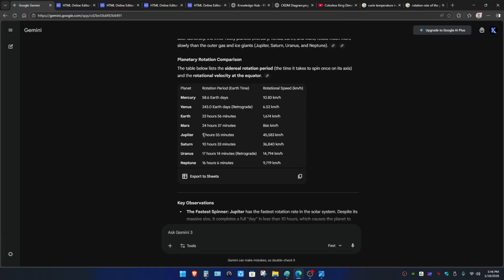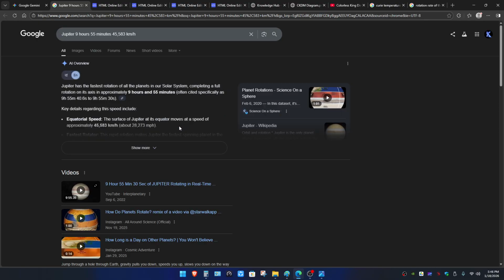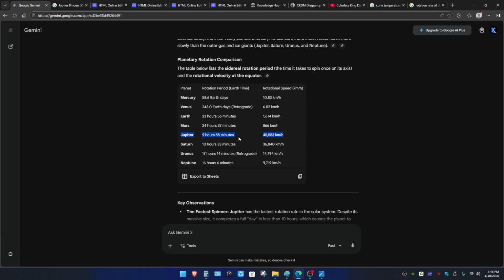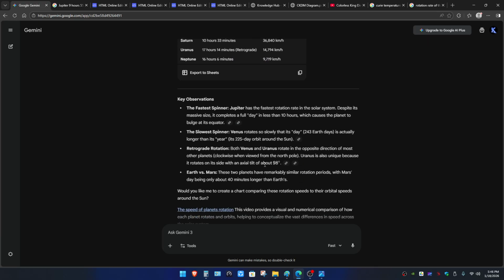Jupiter has a rotation of 9 hours and 55 minutes. Is it actually true or is it hallucinating? Okay, it is not hallucinating. So if Jupiter has the fastest speed, the question is why is it moving faster than the rest of the other planets? And why does Neptune, even though it is the furthest away, have the lowest? Because of material composition.